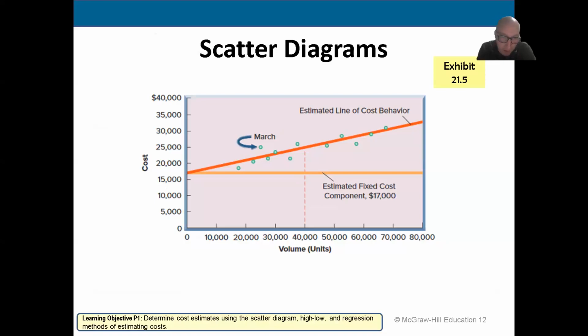The scatter diagram helps to estimate the cost behavior by putting a line through your data points to graphically represent the closeness in cost. Of course, there's going to be a couple of outliers that might be a little further out, but for the most part, we see that the line is very closely correlated with our data points. Call it a scatter diagram.